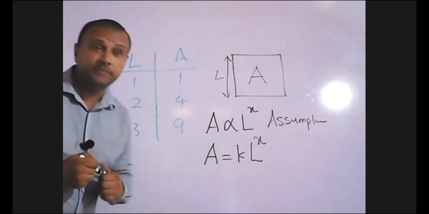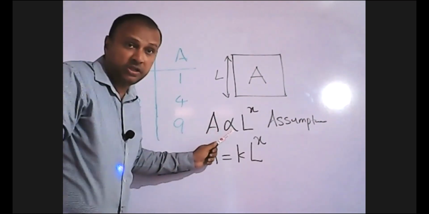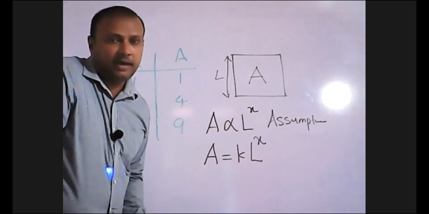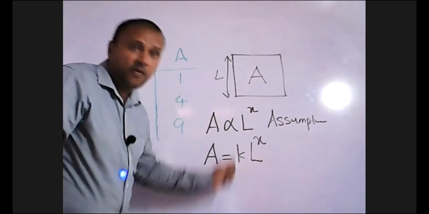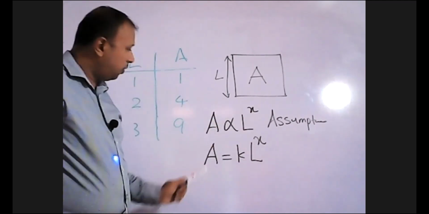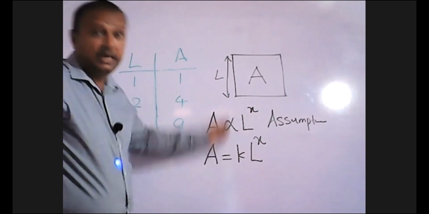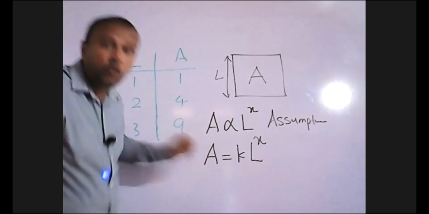What is the assumption? I assume A is directly proportional to L to the power X. I don't know X. So if it is directly proportional, then I convert this relationship into an equation.